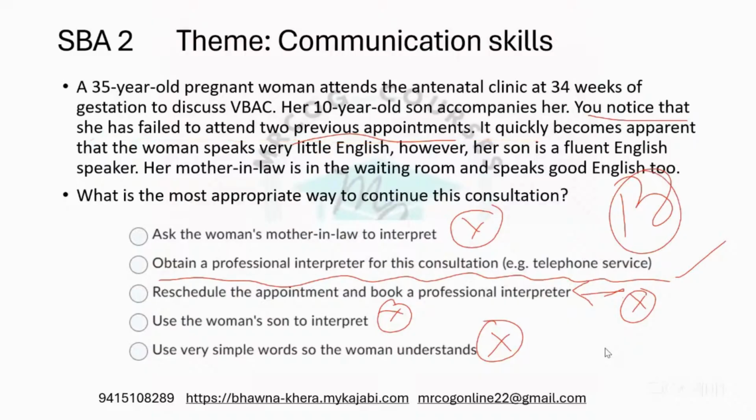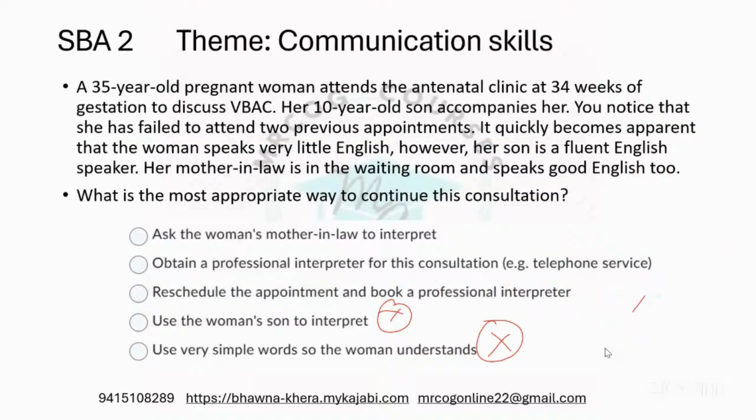And remember, this same thing holds true for emergencies as well. Even in an emergency, we will still try to arrange the interpreter for the patient rather than relying on any other source. When you look at the emergency, they give you, like, the patient is in for a cesarean section, you have to do it urgently, and can you take the help of the husband or some relative or the hospital staff?